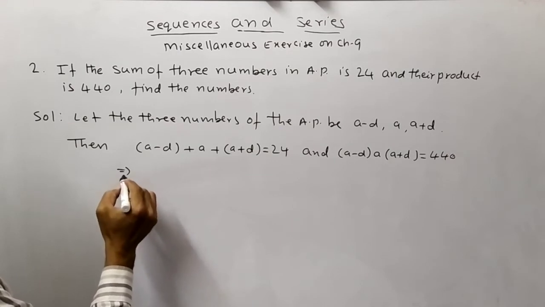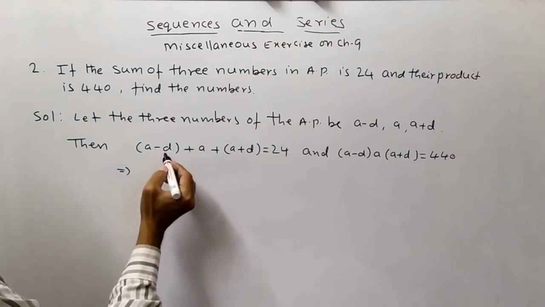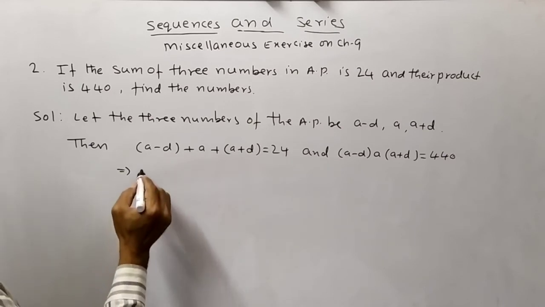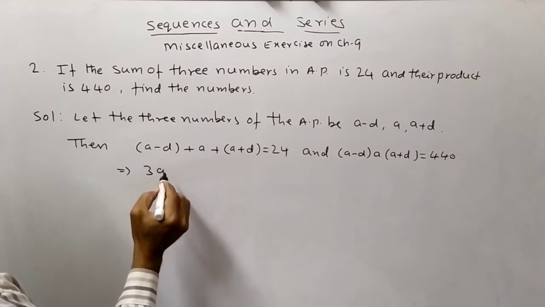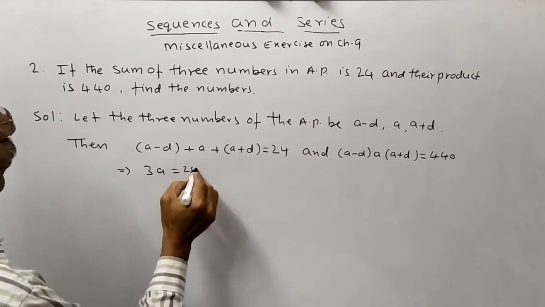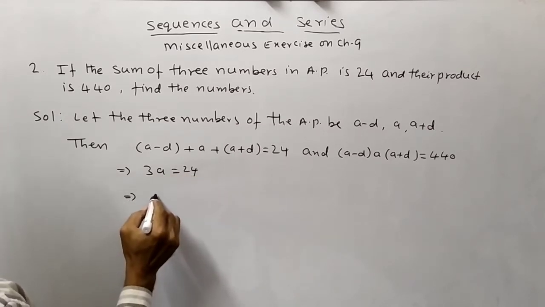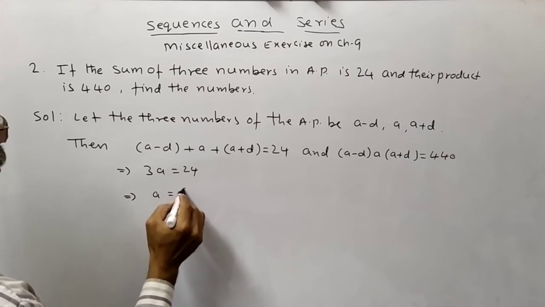First equation implies plus D and minus D will get cancelled. We will get 3A is equal to 24. This implies A is equal to 8.